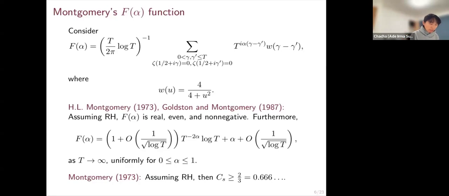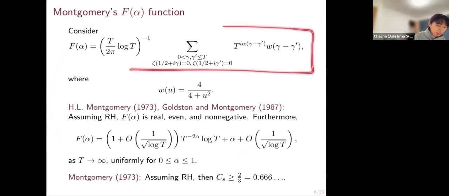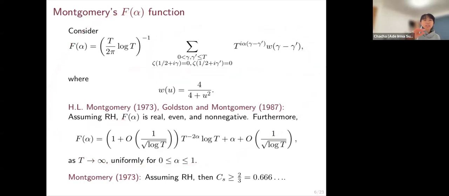Anyway, Montgomery did this, but only upon assuming RH. That's why when he defined this pair correlation, he only looked at zeros on the same vertical line. And we are interested in the zeros being on the half line because we expect that they are all on this half line. So that's how he took all these zeros, and he assumed RH to get this asymptotic formula.